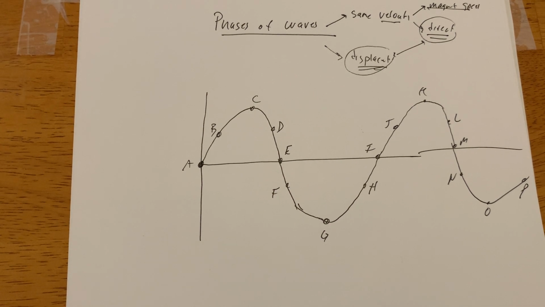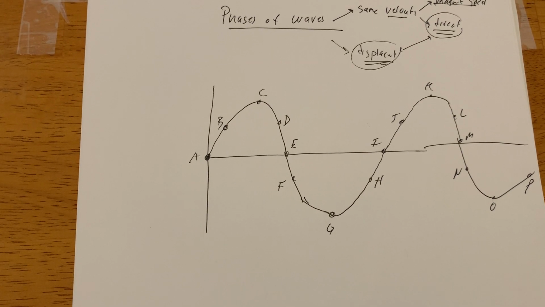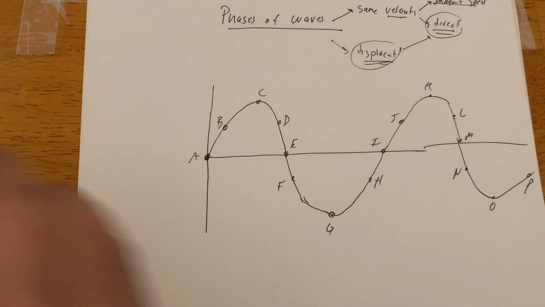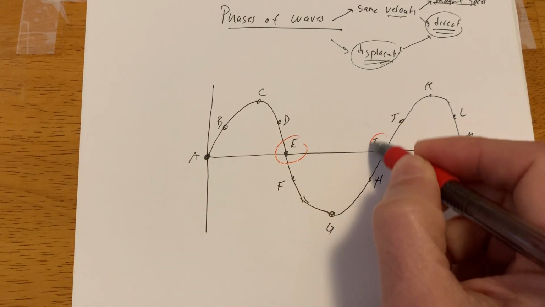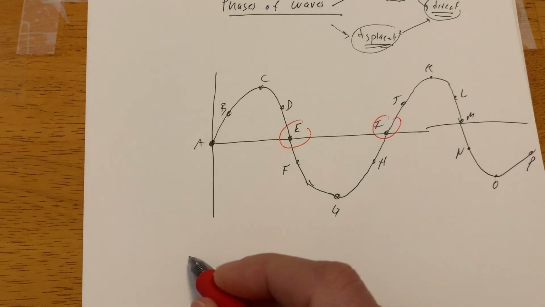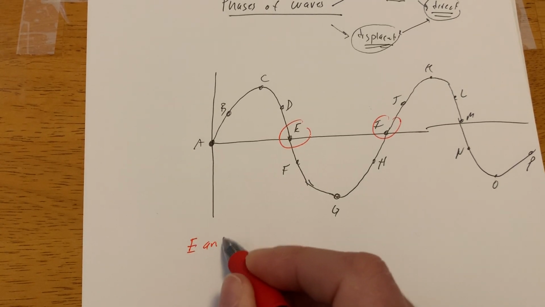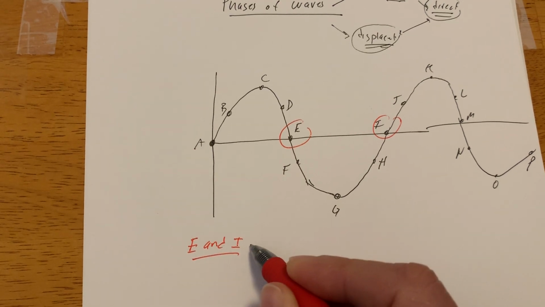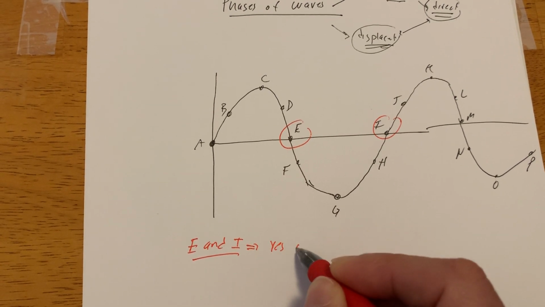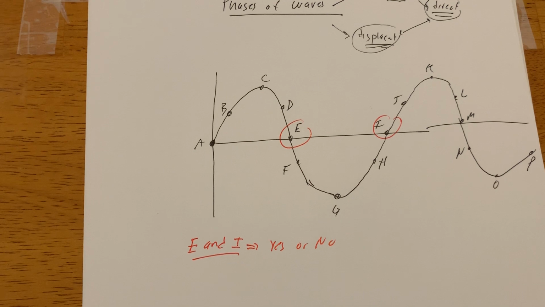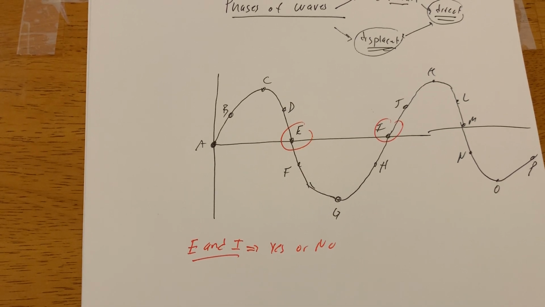Let's, for argument's sake, take a look at E and I. Are E and I in phase? So the answer is yes or no. What do they have to have?